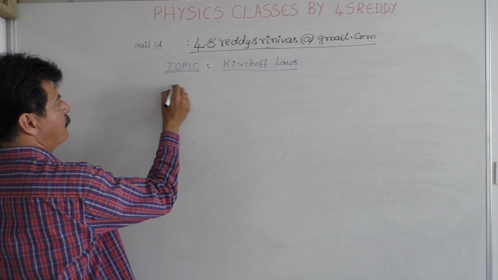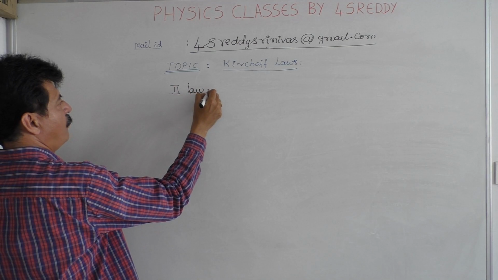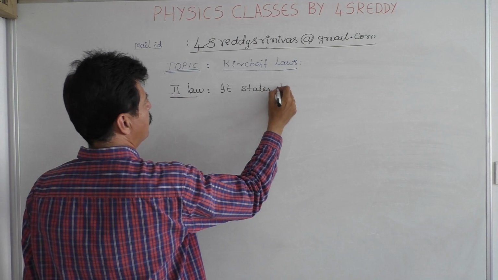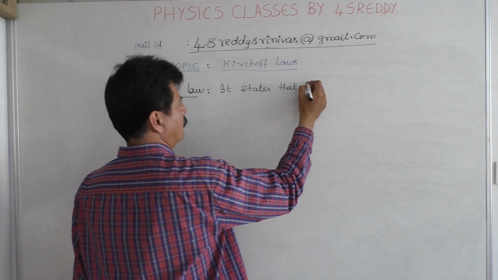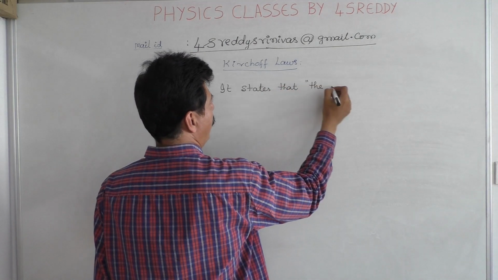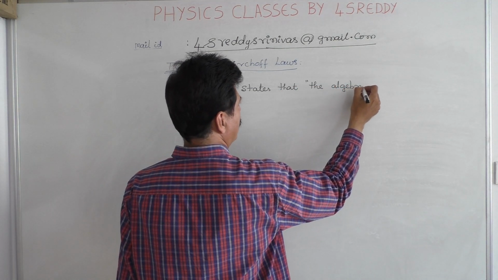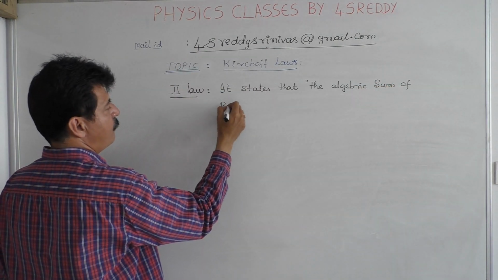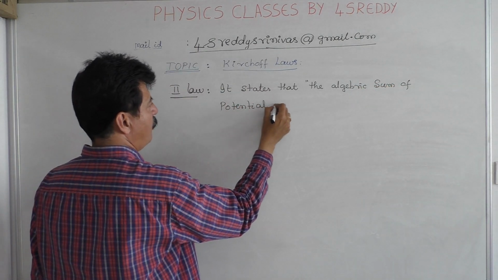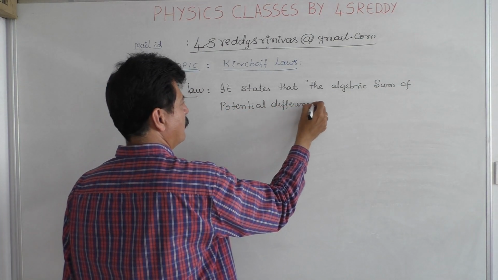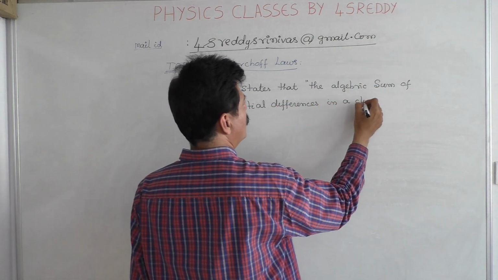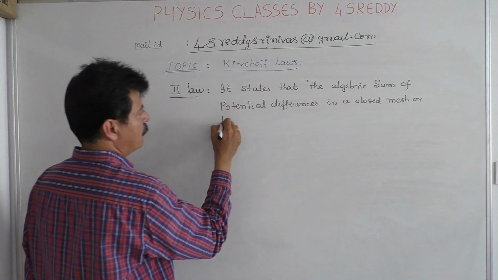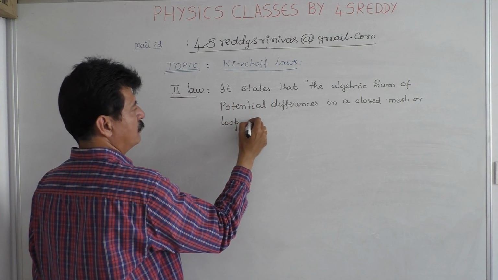second law. It states that the algebraic sum of potential differences in a closed mesh or loop is zero.